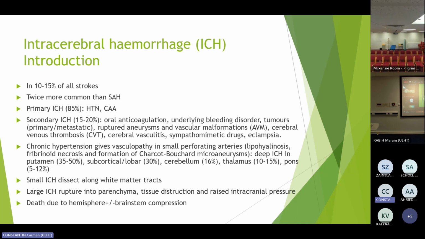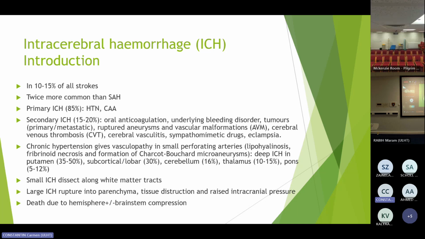In secondary causes, less often seen but still, we have oral anticoagulation, which you can see in your practice, that are more and more used for good reasons. Could appear in underlying bleeding disorders, in tumors, primary or metastatic, in ruptured aneurysms, in vascular malformation, so arteriovenous malformation, in cerebral venous thrombosis, in cerebral vasculitis, in sympathomimetic drugs or eclampsia.